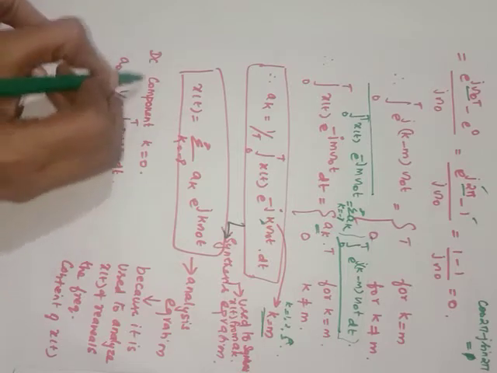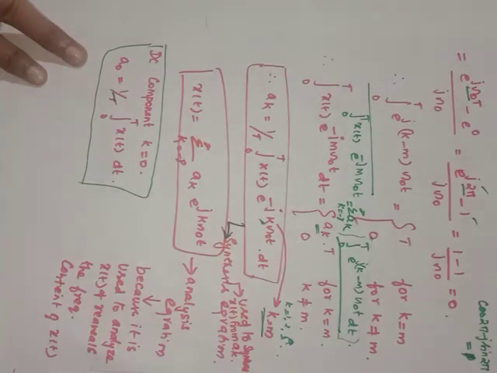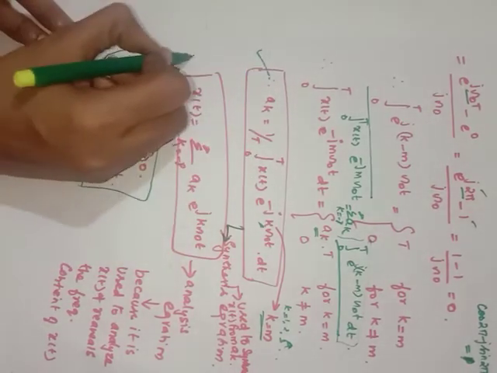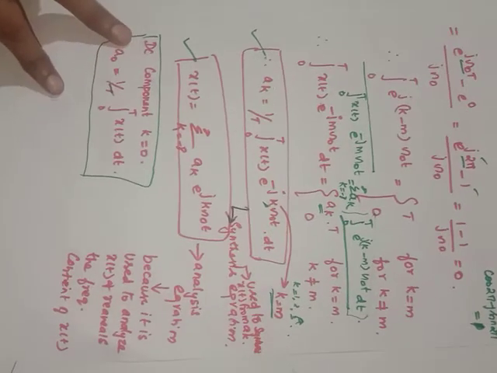If you want to find the dc component, we need to substitute k equal to 0. This is the equation you need to know in order to find the Fourier coefficients for any arbitrary periodic signal. Now we will see a problem related to this.